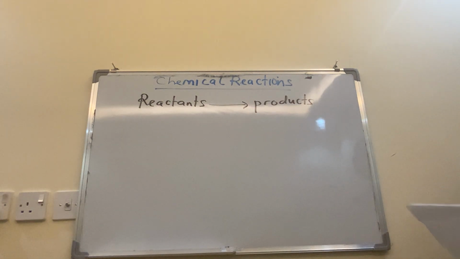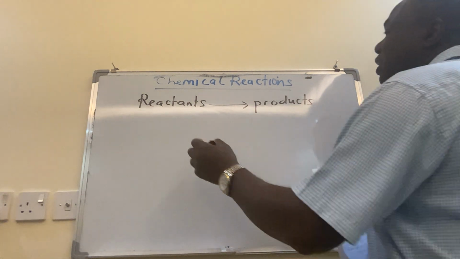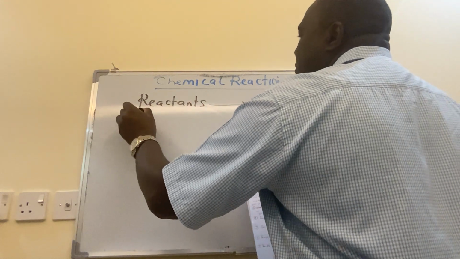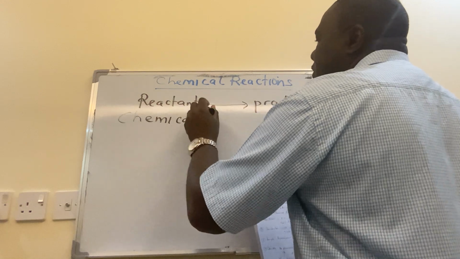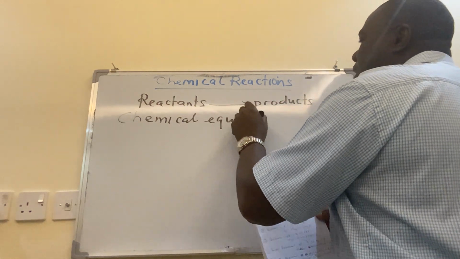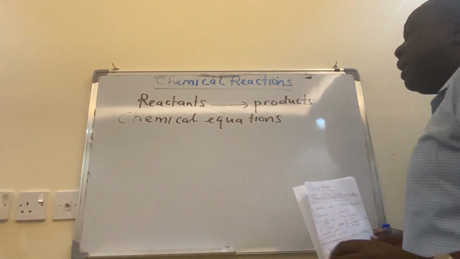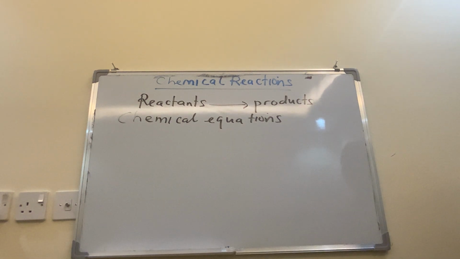Our chemical reactions can be illustrated using what we call chemical equations. When we are looking at chemical equations, we are going to use only symbols, the symbols that we get from the periodic table.